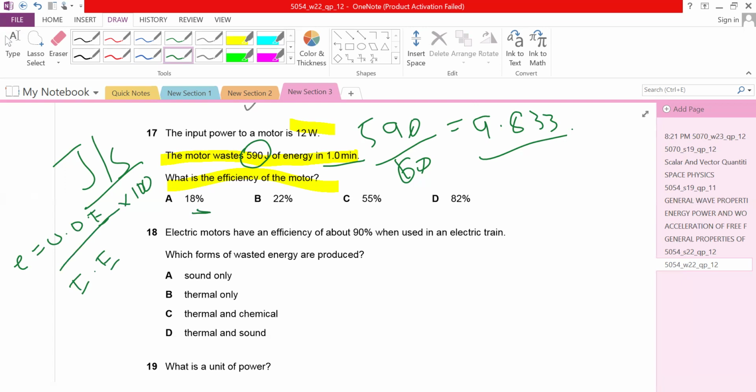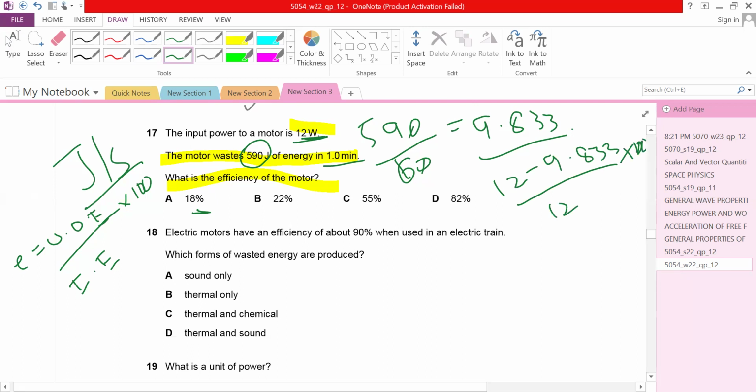To calculate the useful output energy, you subtract 9.833 from 12 watts, divided by the total energy which was supplied, 12, into 100. When you put this equation in the calculator, you will get the answer, which is 18.05.